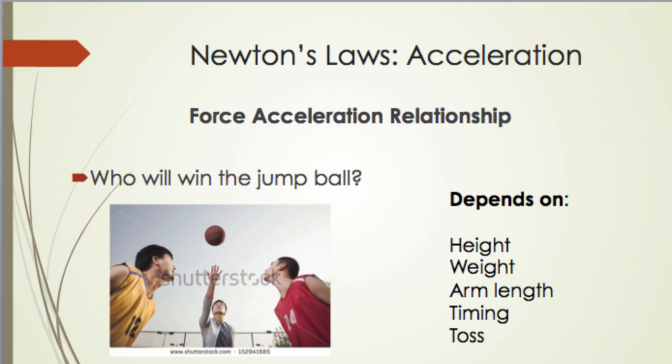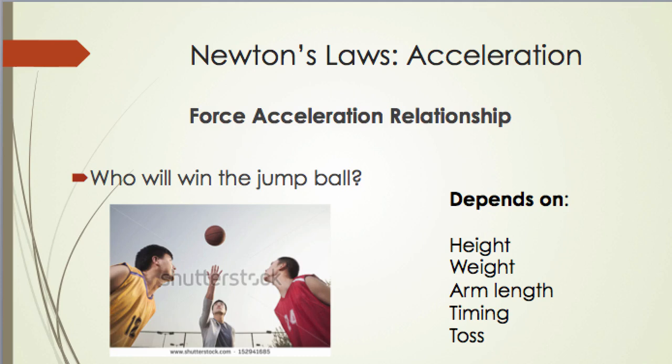Let's say we're doing a jump ball and we want to know who's going to win. There are several factors that come into play here. One is height. Assuming everything else is equal, the taller person is going to win.